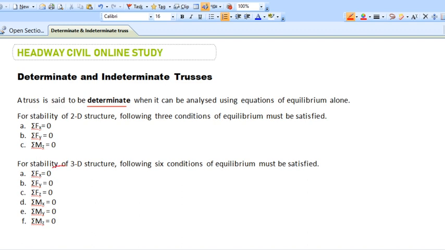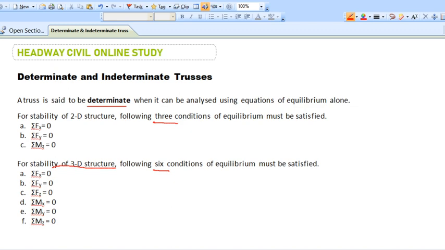For the stability of 3D structures, there are 6 conditions of equilibrium which must be satisfied. So here we have 3 conditions of equilibrium and here we have 6. Right? What are these conditions in 3D structures?